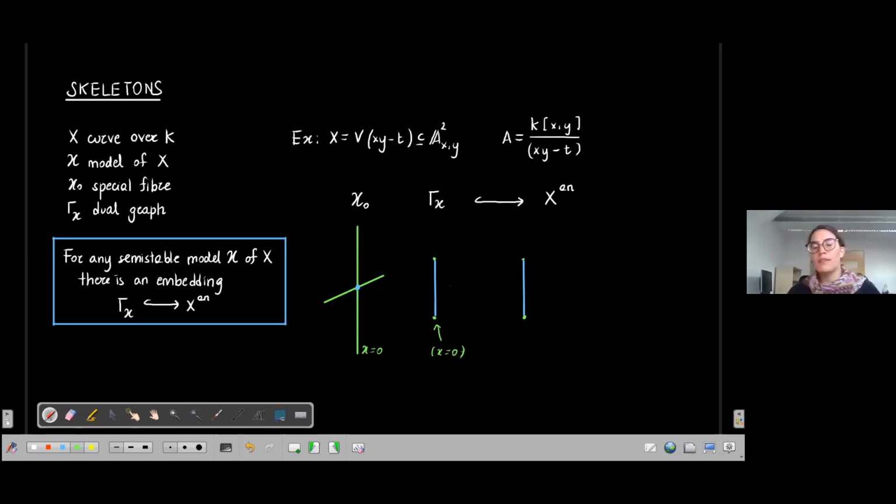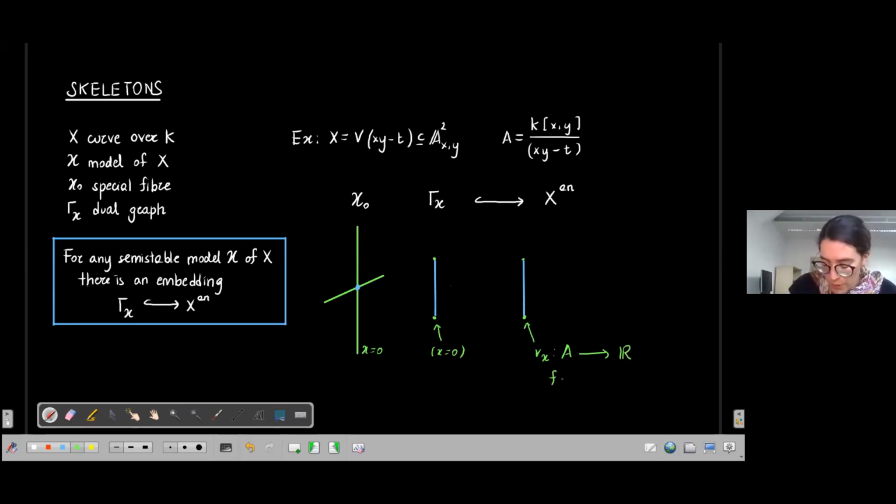And what does it mean that I want to embed the dual graph inside the Berkovich space? It means that I want to give a valuative interpretation to these points. Now these points are not just parameterized by an interval from 0 to 1. I really want to associate a valuation. So the valuation that we will associate here, let me call it V_x, because it's associated to x equals 0, goes, as usual for a point in the Berkovich space, from A to R, and is defined as follows.